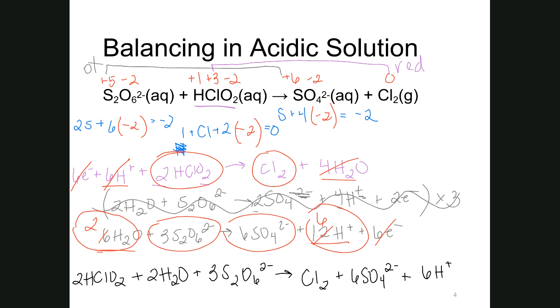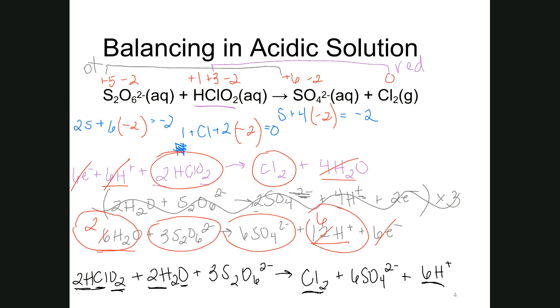And we can double check. So let's double check by counting up everything on each side. If I start with my hydrogens, I have 2 plus 4 is 6. And I have 6 over here. Chlorines, I have 2 chlorines here, 2 chlorines here. That's good. Oxygens, I have 4 here plus 2 here.